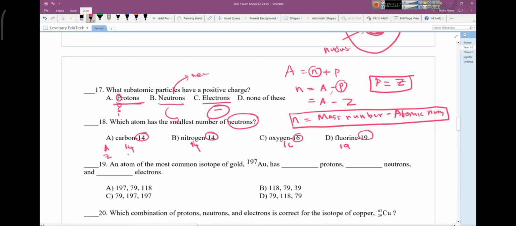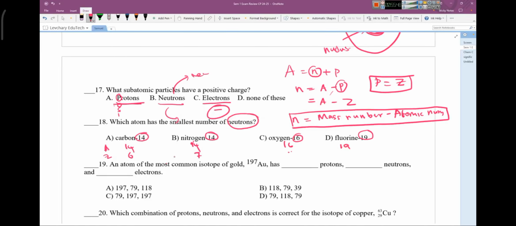Carbon's atomic number is 6. And nitrogen's 7. Oxygen's 6? Oxygen is not 6. 6 is carbon.